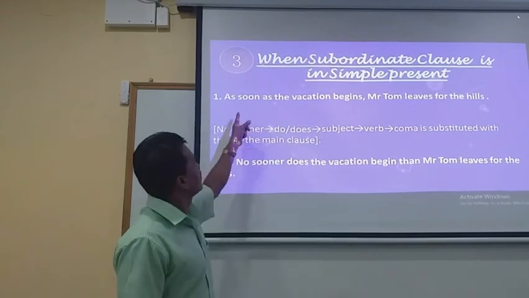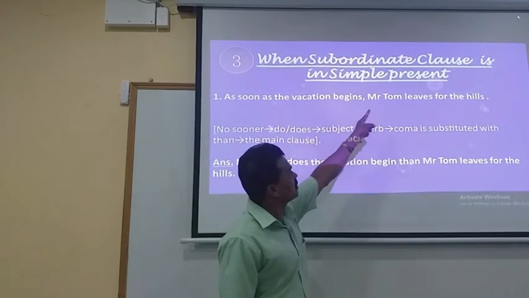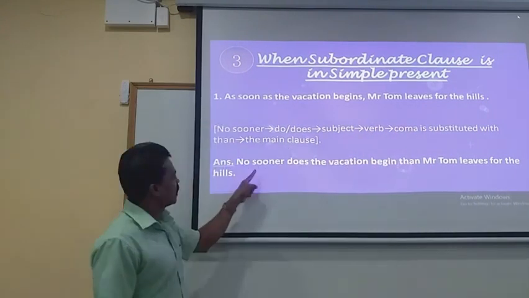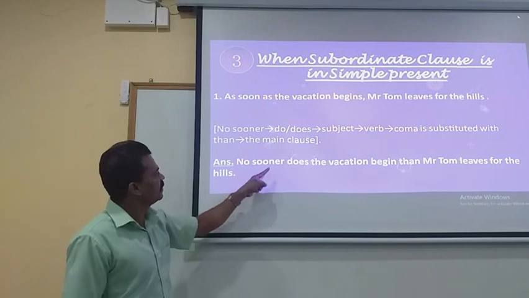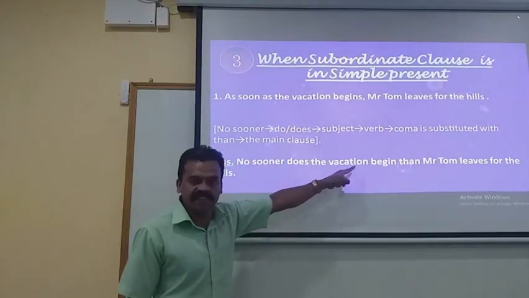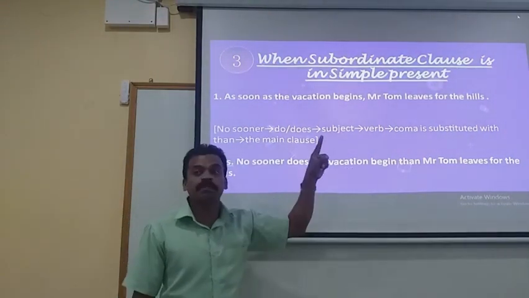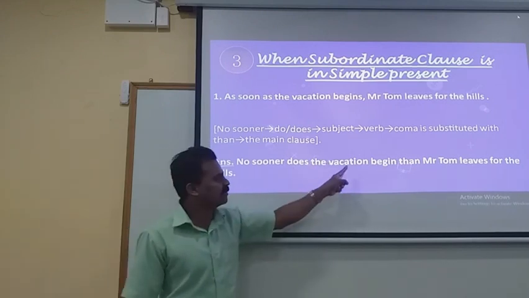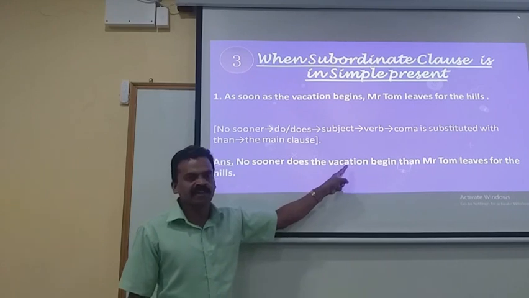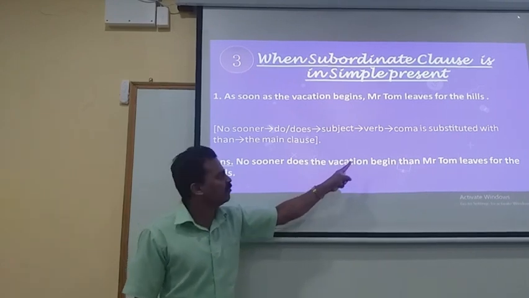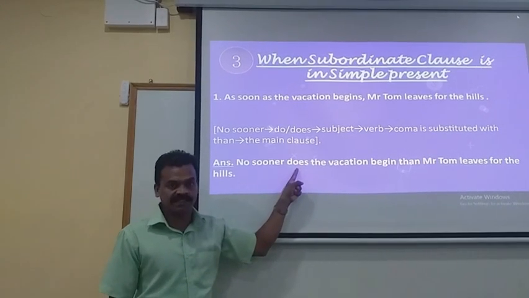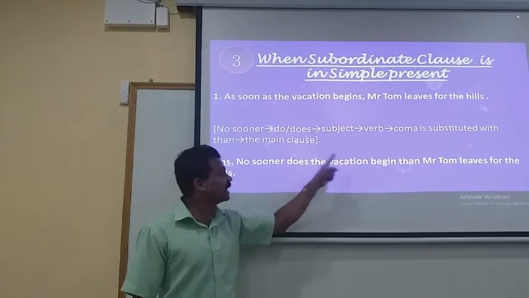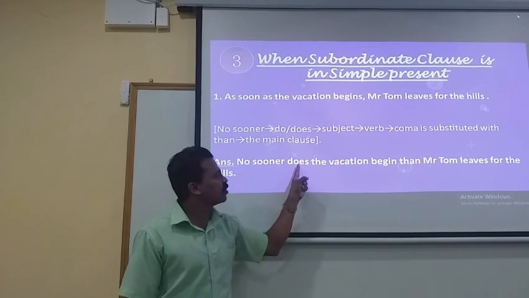Now let us come to the answer. As soon as the vacation begins, Mr. Tom leaves for the hills. So as soon as is replaced with no sooner, and here the subject is vacation. The subject vacation being singular, please make use of does. Suppose the subject was plural, then we would have made use of do.